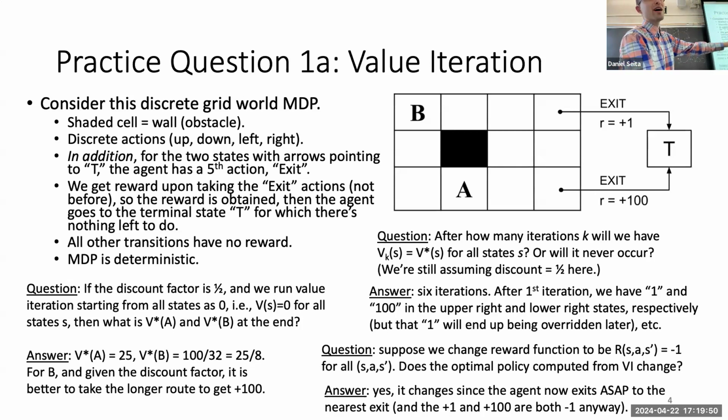On the exam, we'll try to make it clear. I had limited space to write out everything here, so it really should have been -1 for every single state, action, next state, which includes that exit action. Yeah, I'll probably make an edit to the slide.